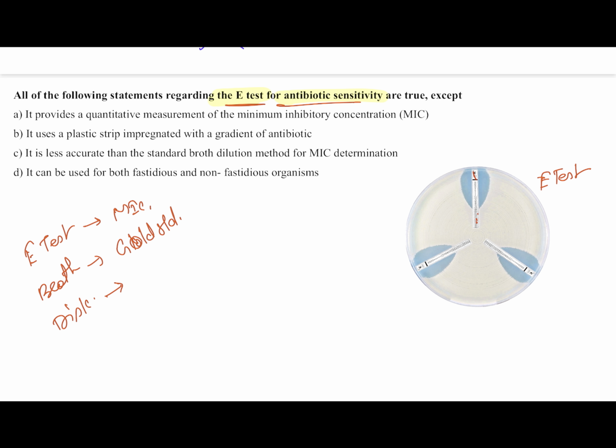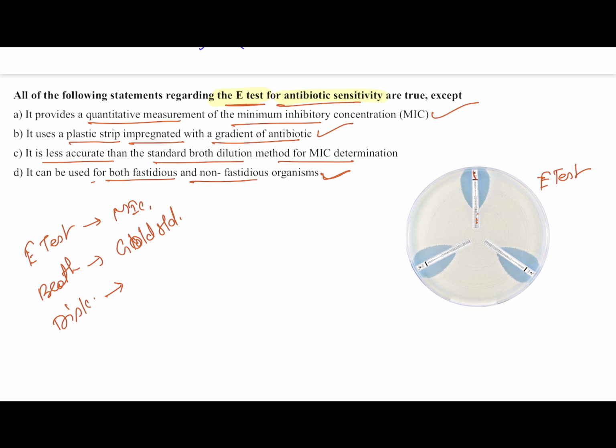So you cannot check MIC, and this is not a precise test. Since you are asking about the E-test, now we will read. Provides a quantitative measure with MIC. Yes. Uses a plastic strip impregnated with a gradient of antibiotic. Yes. It is less accurate than the standard broth dilution method for determination. It is for both fastidious and non-fastidious.